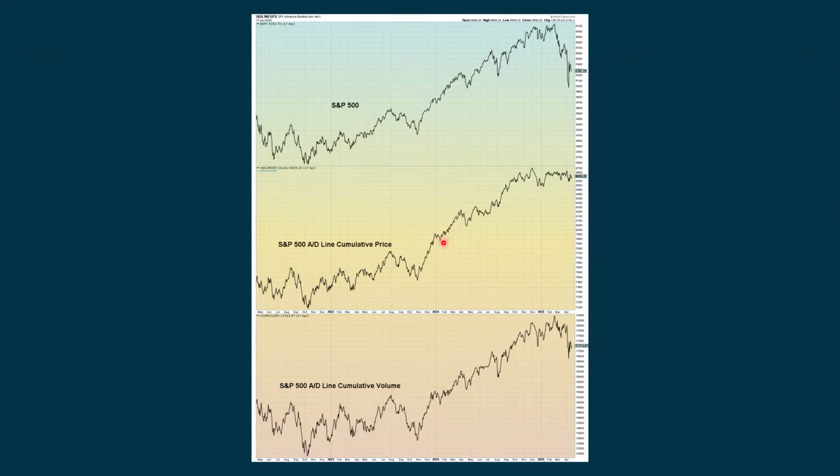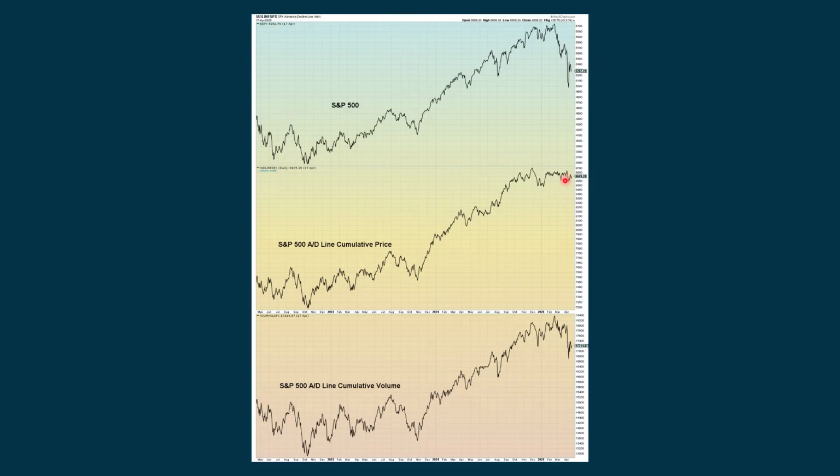Then I haven't really been showing the advanced decline lines all that much. There are some charts that I show in every daily video, but I dropped these out for a while because we're not really seeing anything all that drastic currently. You look at the cumulative advanced decline line for the S&P based on price, and we've been chopping sideways.